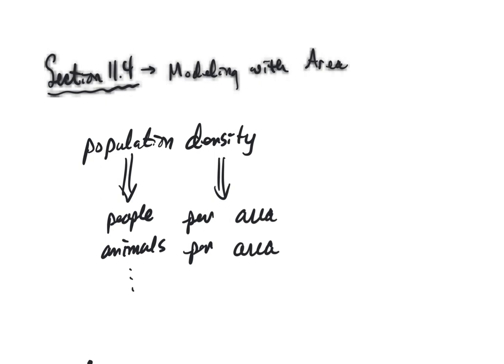And then the idea is, if you can do that across multiple places, multiple regions, then you can make a comparison. As an example, we could compare the population density of St. Louis County with the population density of Lake County, right?